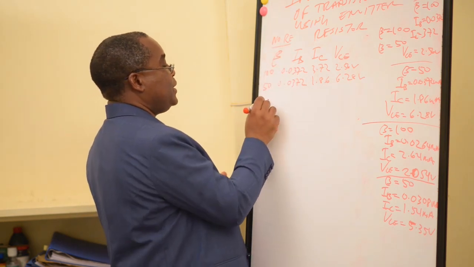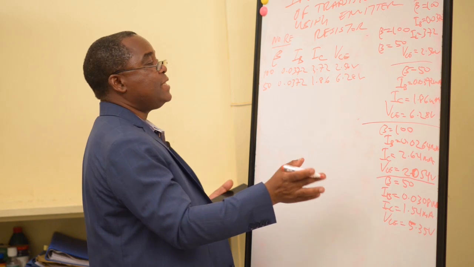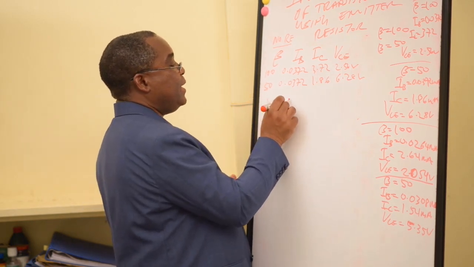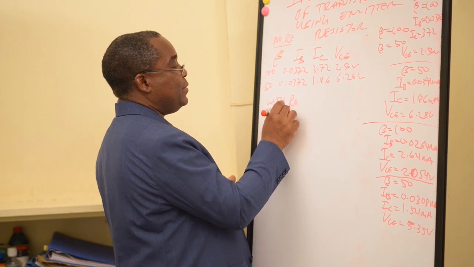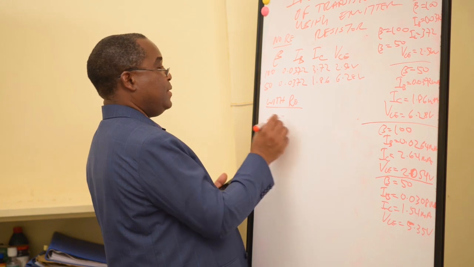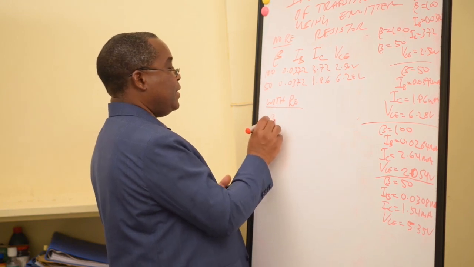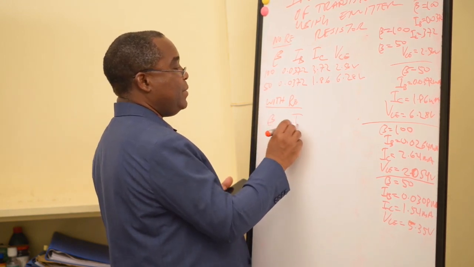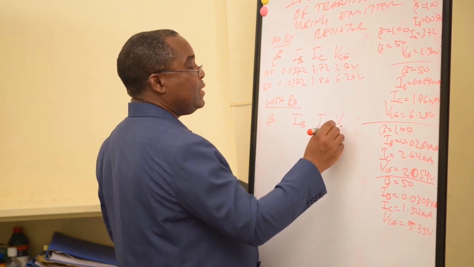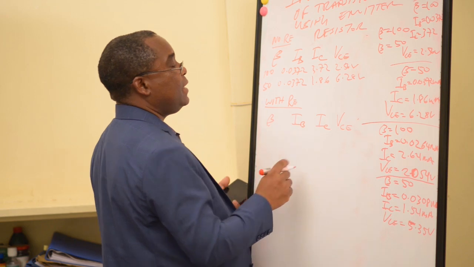So when we put the second scenario, the circuit with the emitter resistor, now we put emitter resistor. So let's see the data. We have beta here, we have IB here, we have IC here, we have VCE here.